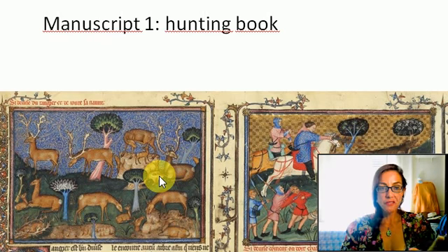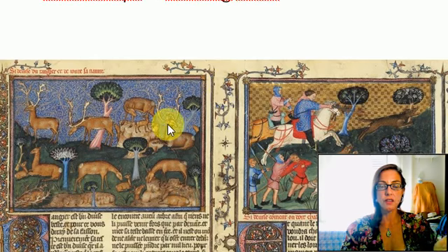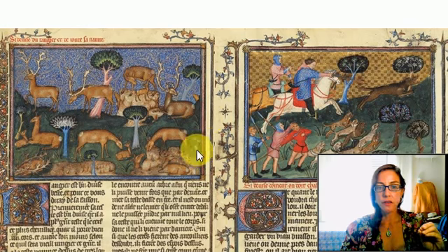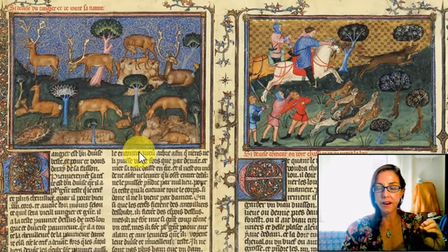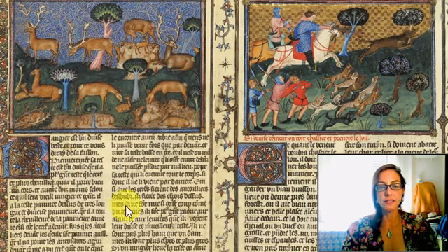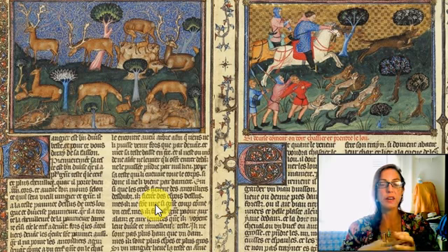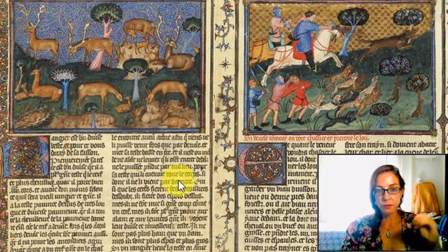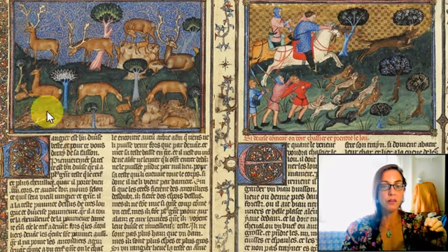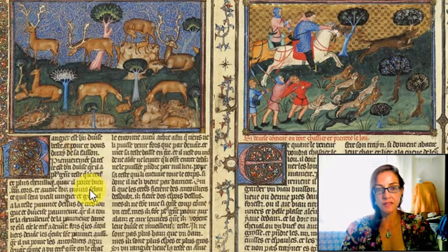This is my first manuscript. It's a hunting book, and you can see a beautiful drawing with deer and plants, also dogs and other animals, and the text is in French explaining the procedure of hunting and the tools. The letters are beautifully written, and the capital letters are very ornamental.